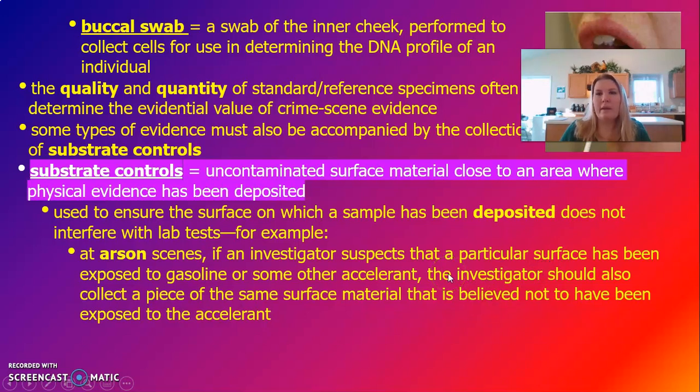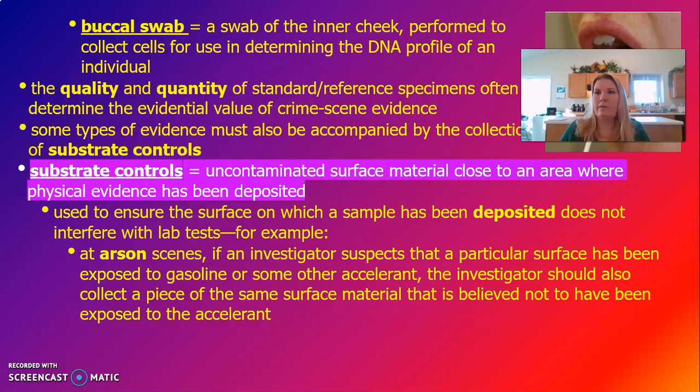So for instance, let's say we have an arson that takes place like in a kitchen, right? And we want to know, did somebody intentionally set this fire, or was it a grease fire, or was it like electrical issues in the wall causing the fire? So what we would do is, let's say we have a pour pattern on the floor.